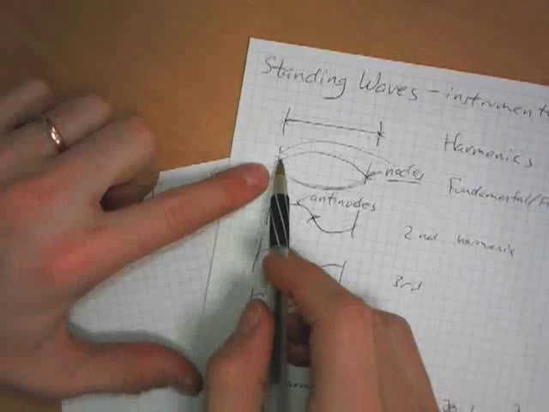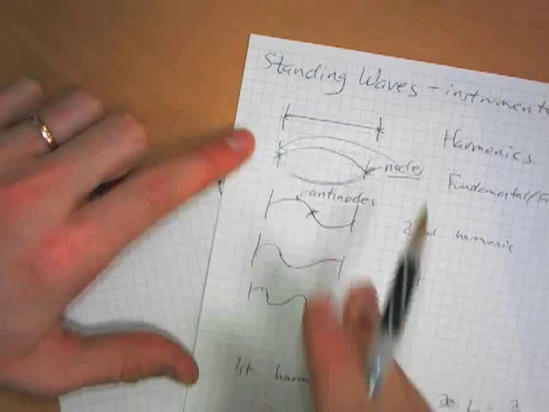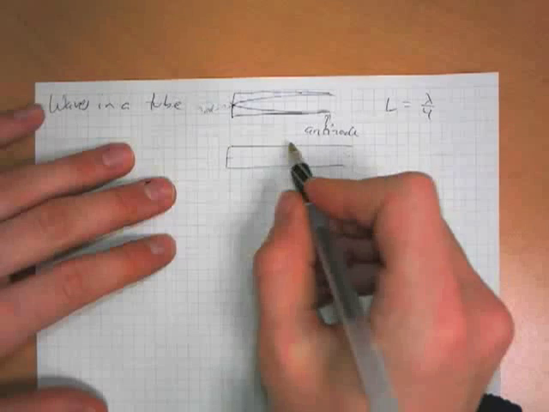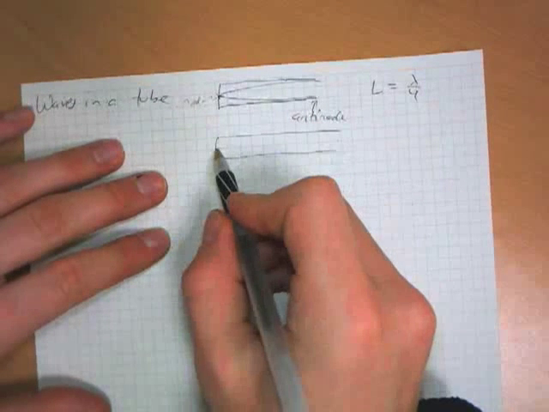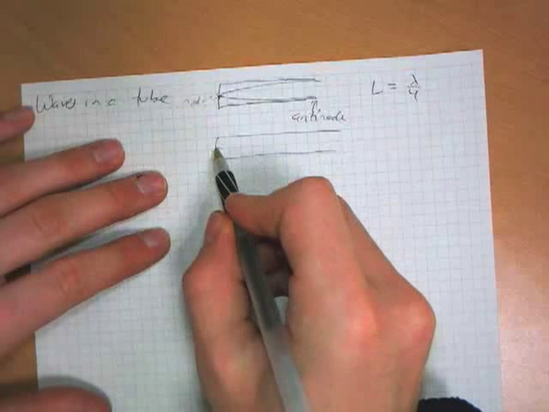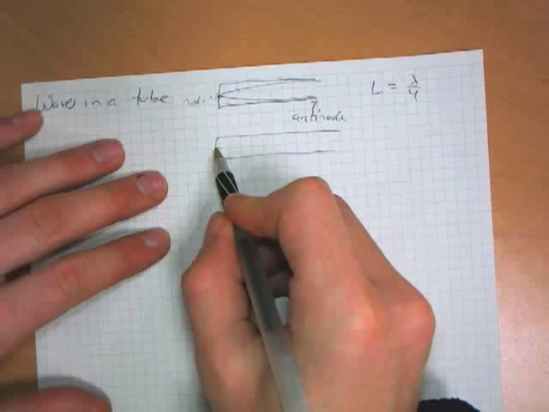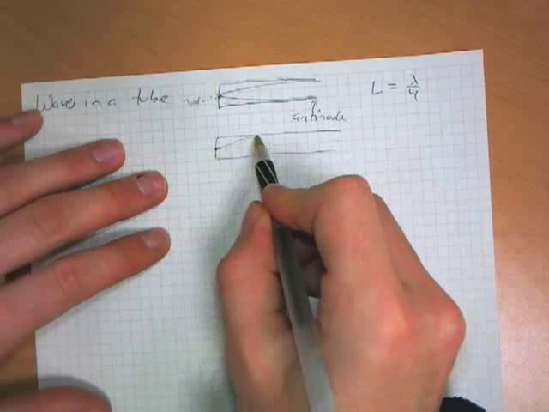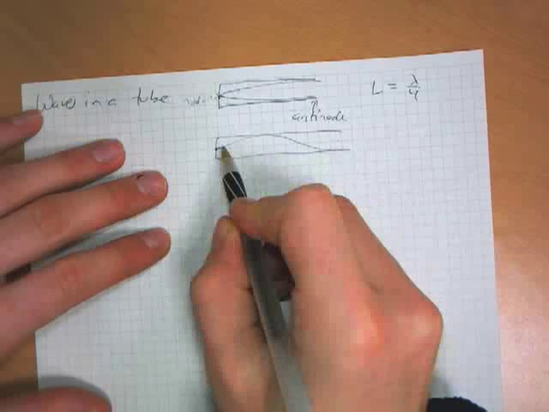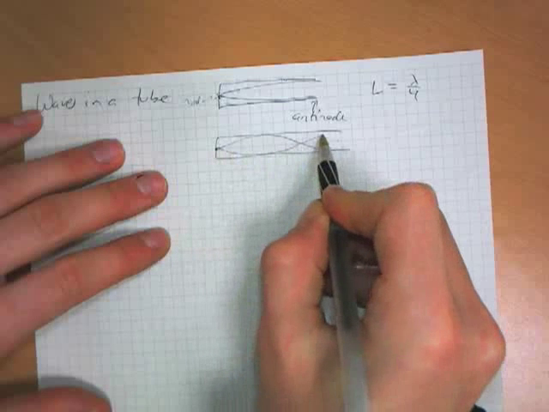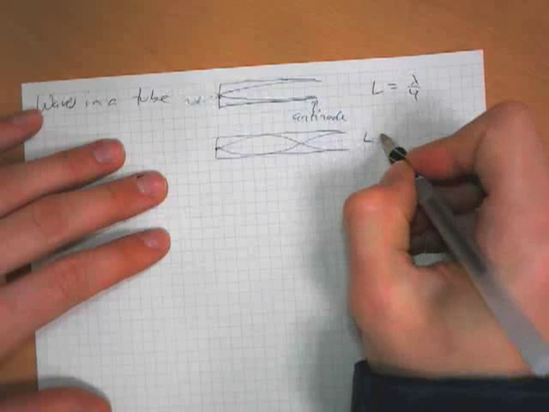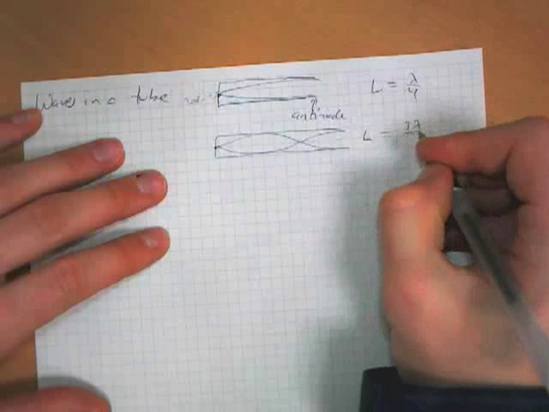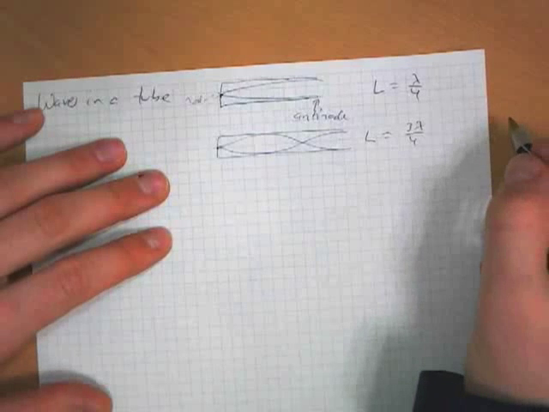It skips this thing because this has nodes at both ends, so we skip over that second possible pattern, and we get something where, again, we have an antinode at the end, so it looks something like this, where the length of the tube then, this isn't quite a full wavelength, it's in fact 3/4 of a wavelength.